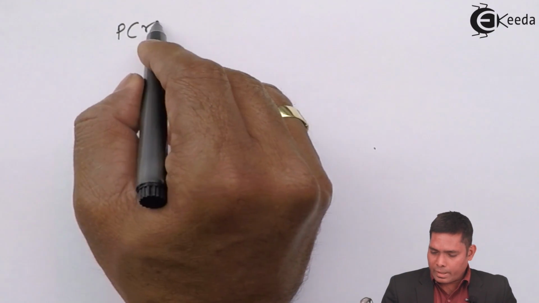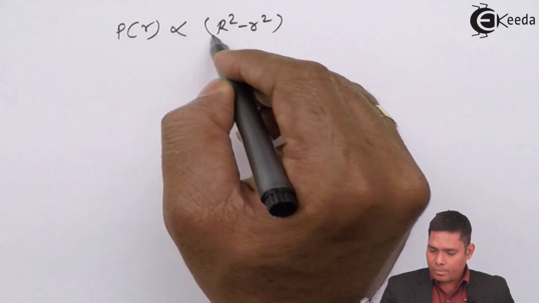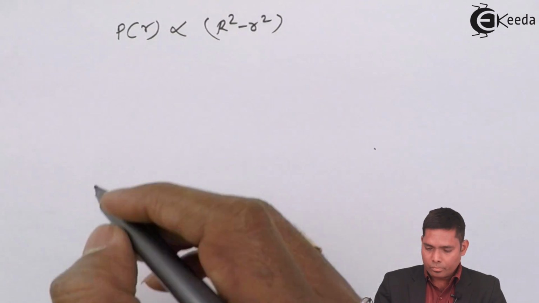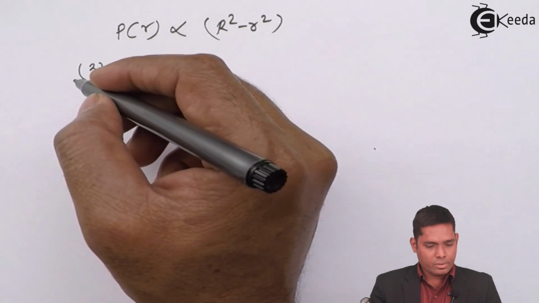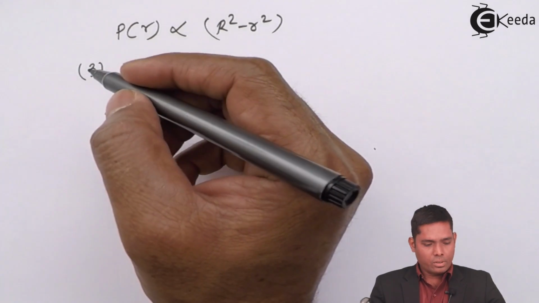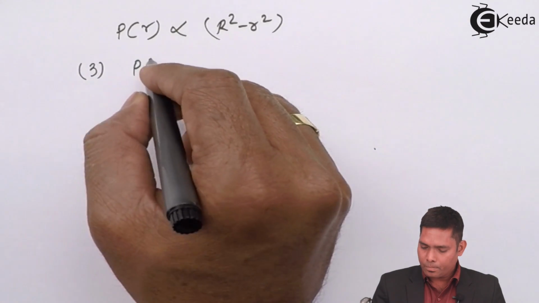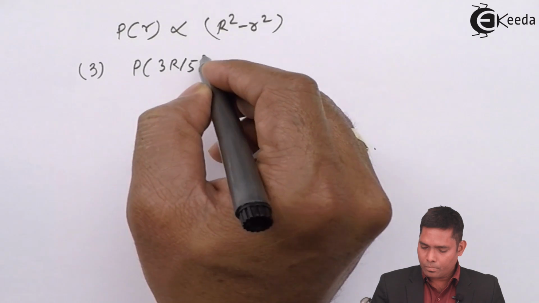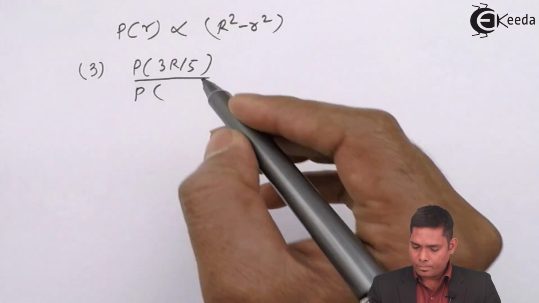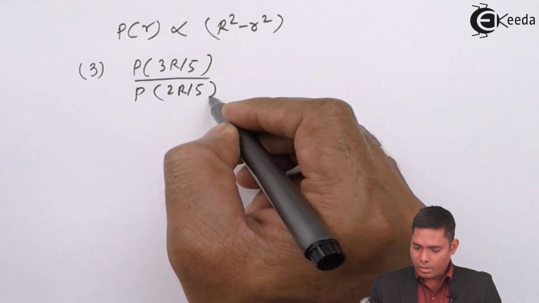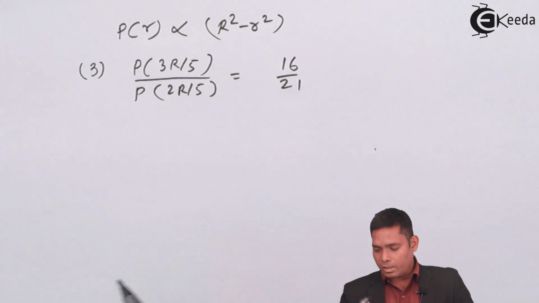P of r is proportional to R square minus r square. Option number 3 says you substitute 3R by 5 divided by pressure at 2R by 5. It says that it should be 16 upon 21. You have to check whether this is correct or not.